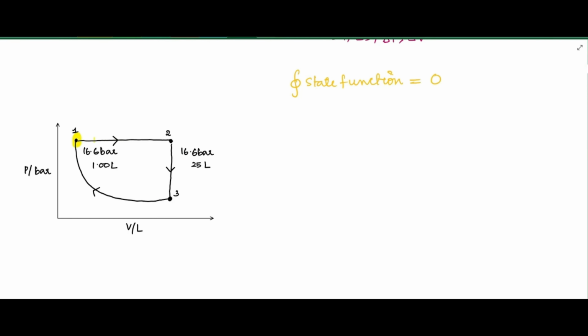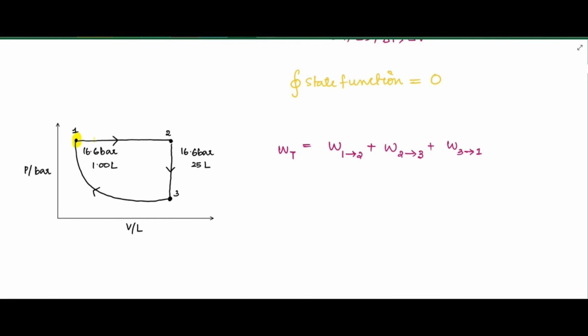What you have over here is that the total work done is equal to work done from 1 to 2 plus work done from 2 to 3 plus work done from 3 to 1. Can you hear me? Okay, so one by one, let's look at them.